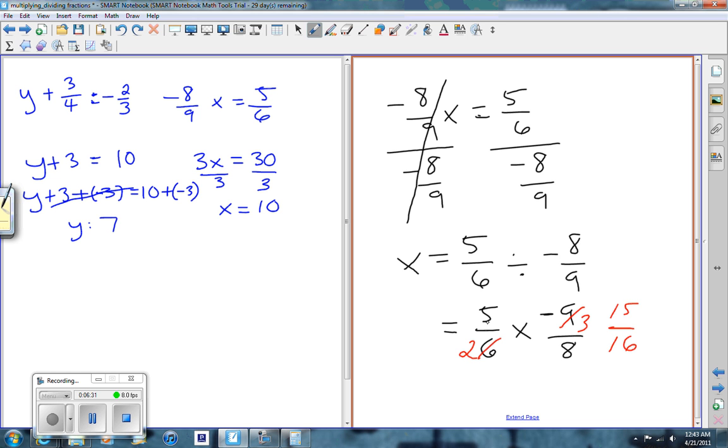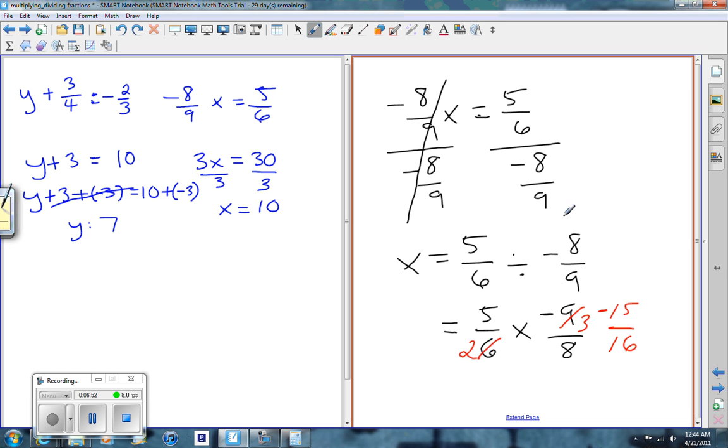And we know we've got a positive times a negative. That equals a negative. So our answer is -15/16. You can see here, dividing by this fraction ultimately means that we have to multiply by its reciprocal.